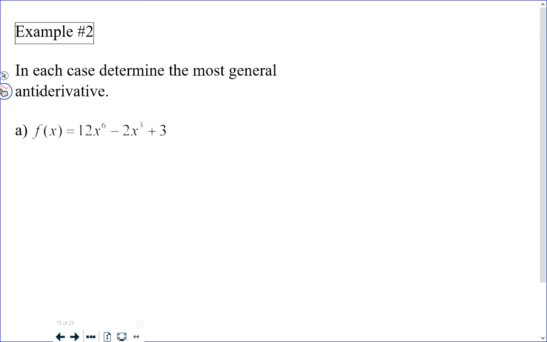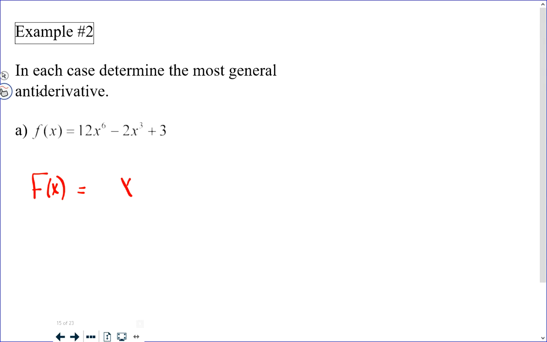All right, let's take a look at example 2. We're asked to determine the most general antiderivative. The difficult thing with antidifferentiating is you don't really have a set of rules. But we can take the rules we have for differentiating and try to work backwards with them. Okay, so what we're asking ourselves here is, what do I differentiate to get 12x to the 6?